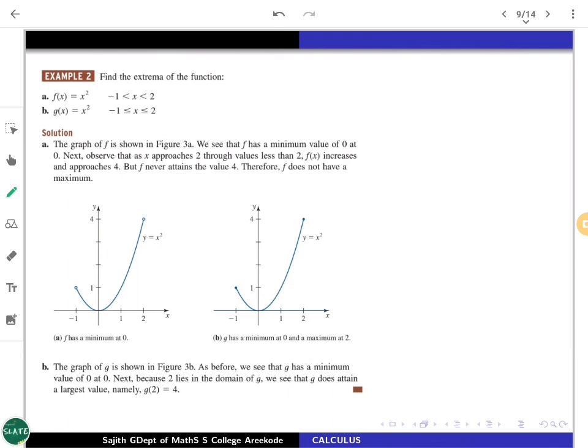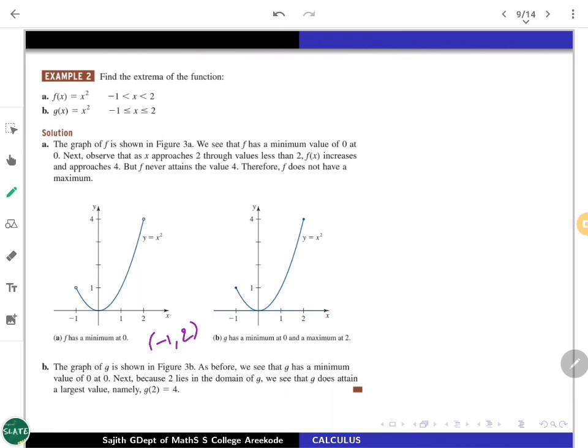So in these situations, if you are analyzing the extrema, you should be careful. In the first function, f of x equals x square, the interval is the open interval -1 to 2.